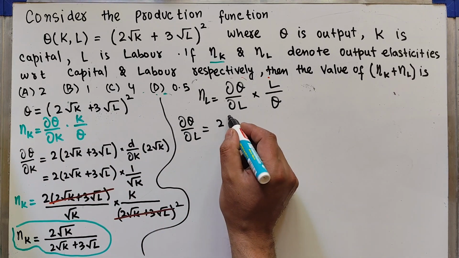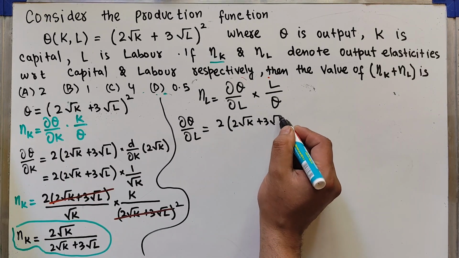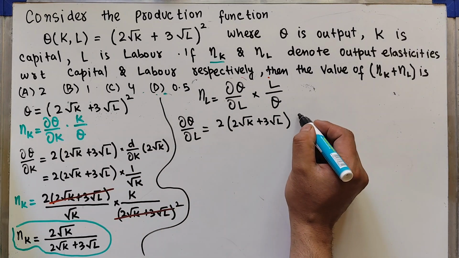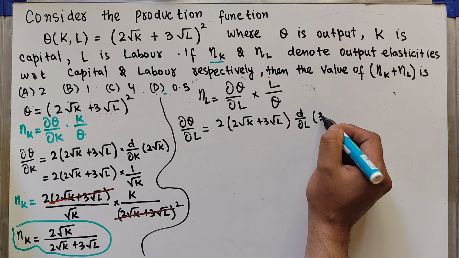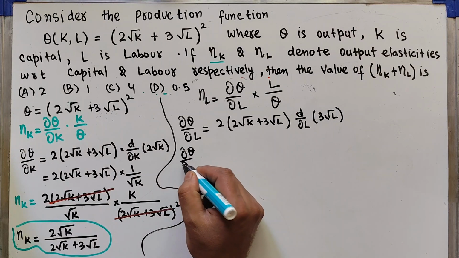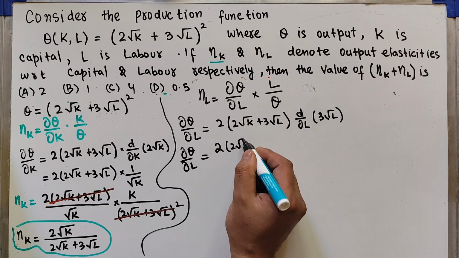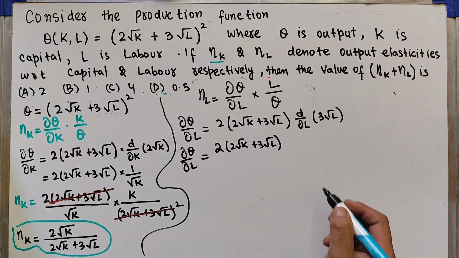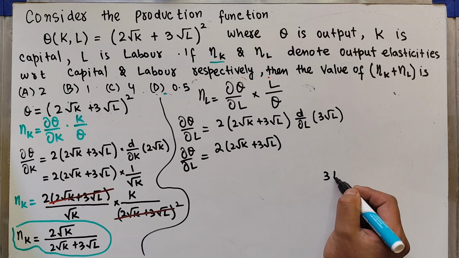So 2 becomes coefficient 2 under root K plus 3 under root L, and exponent is subtracted by 1, so our exponent is 1. Then we take the derivative with respect to L of 3 under root L. So del Q upon del L will be equal to twice 2 under root K plus 3 under root L, the derivative of this function with respect to L. So we can write it in this fashion: 3 L raised power 1 upon 2.